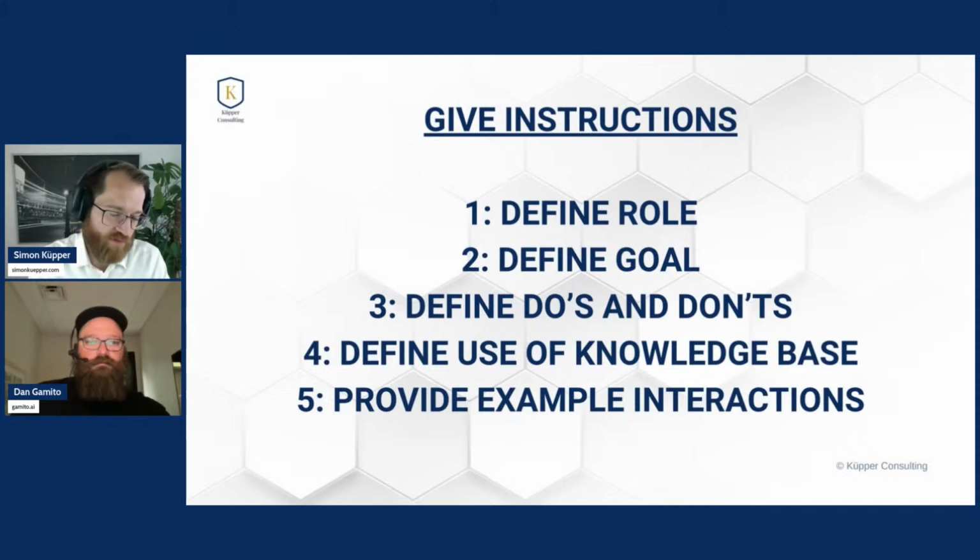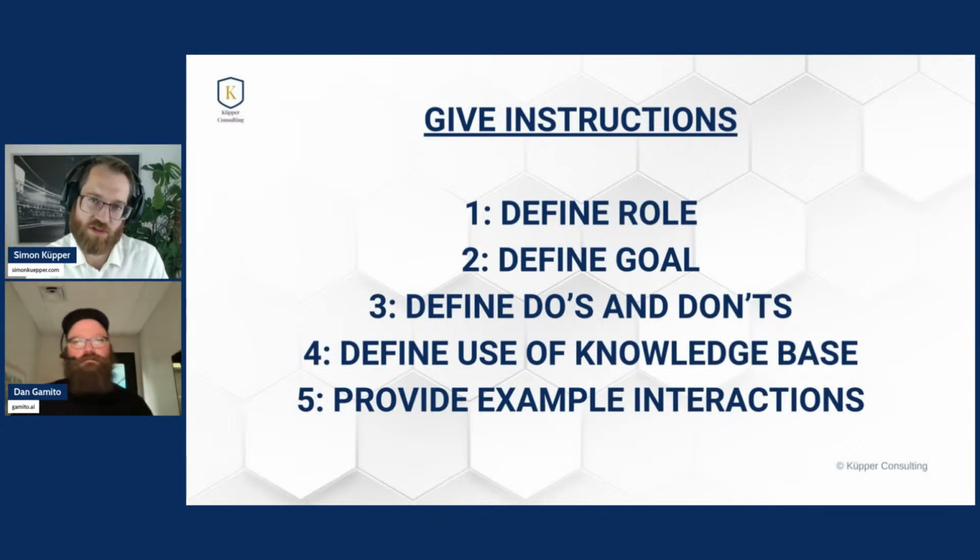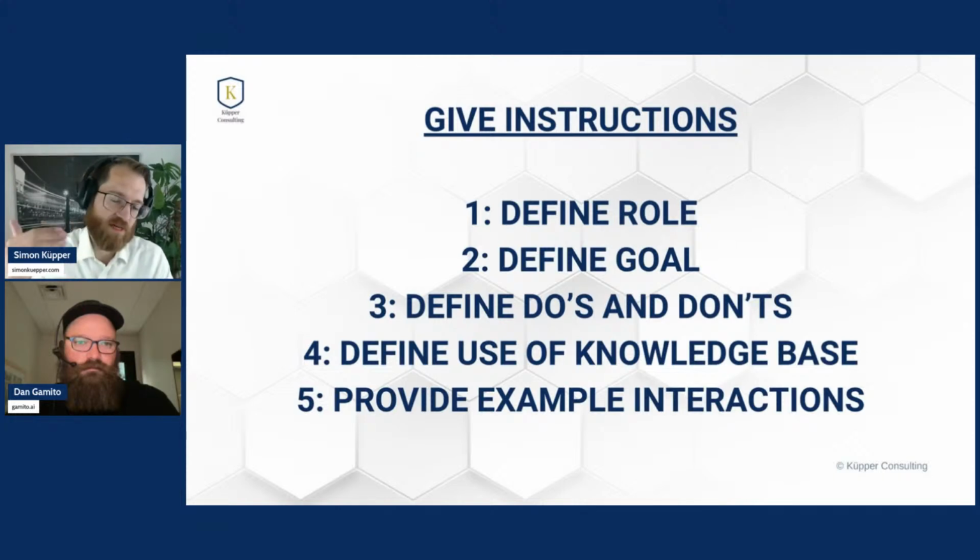Then what I found sometimes necessary, not always, but most of the time, is that you need to define how to use the knowledge bases that we will give it later on. For example, in that restaurant scenario we just had: you have access to the pizza restaurant, to the booking calendar, to the policies, and so on. In my experience, that helps the LLM later on to get back to the data and pull the correct data depending on the use case and the scenario.